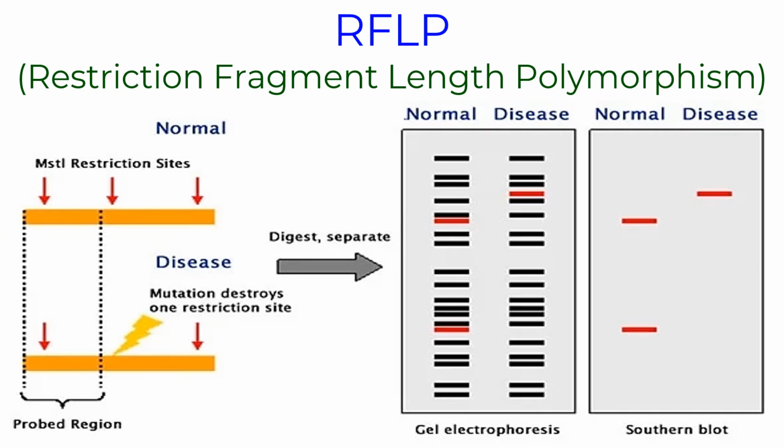In RFLP analysis, a DNA sample is digested into fragments by one or more restriction enzymes and the resulting restriction fragments are then separated by gel electrophoresis according to their size. It was invented in 1984 by the English scientist Alec Jeffreys during research into hereditary diseases.